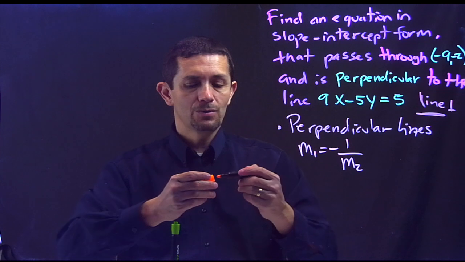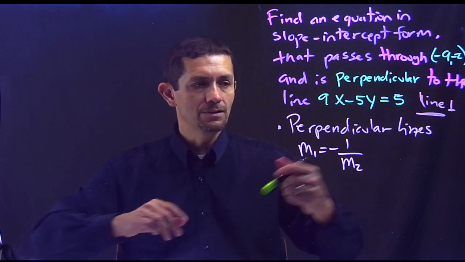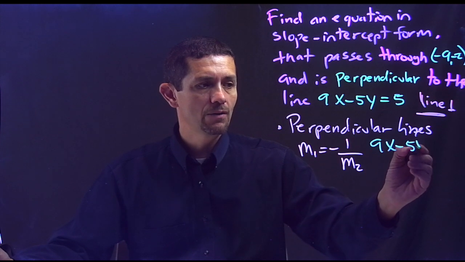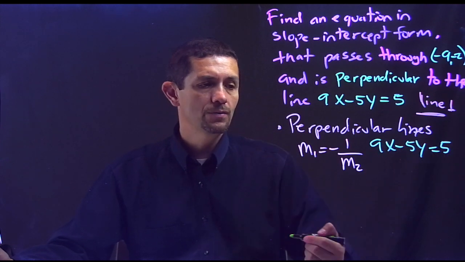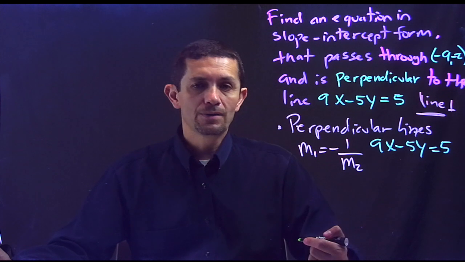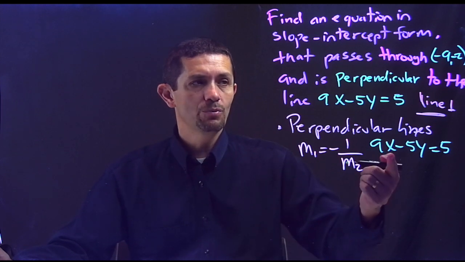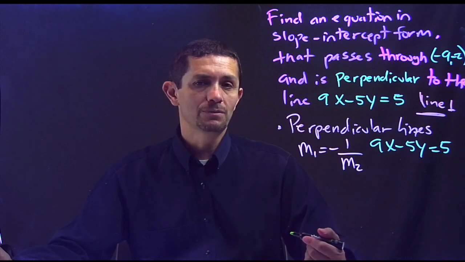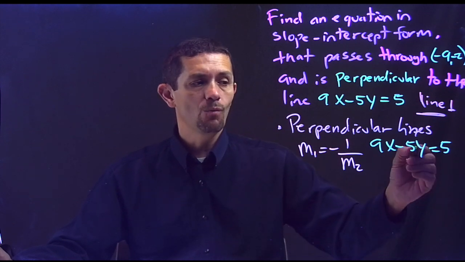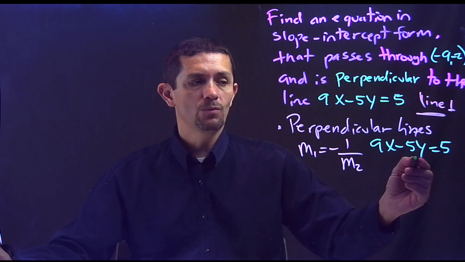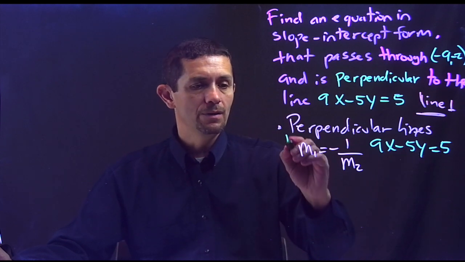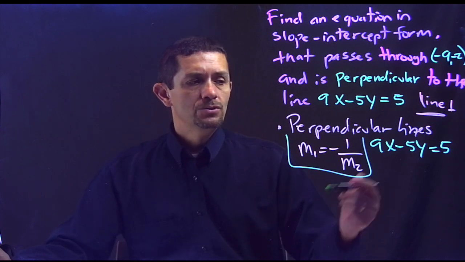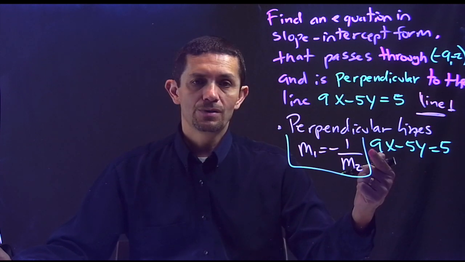Alright, so let's rewrite this 9x minus 5y equals 5. I need to find the slope. To find the slope, I have to write my equation in slope-intercept form, y equals mx plus b, which means I have to leave the y by itself. To leave the y by itself, the first thing I have to cancel is the 9x.